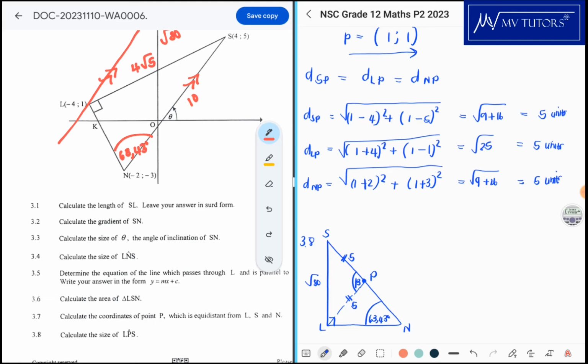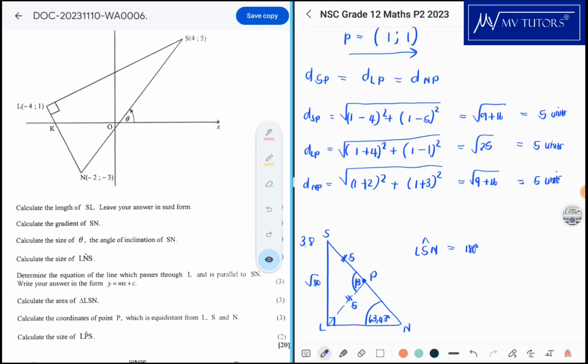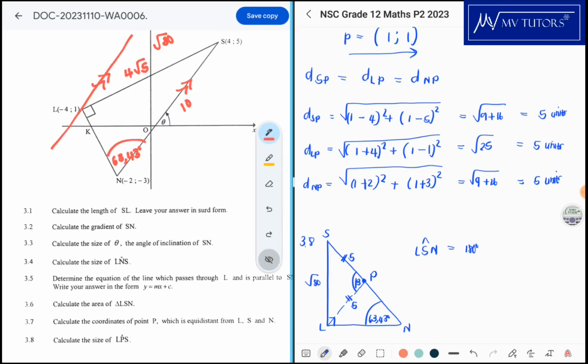So let me just say LSN is actually equal to 180. And this is what? Only 2 marks. I'm definitely going to do a lot more than 2 marks. So it's basically 180 minus 90 minus 63,43.